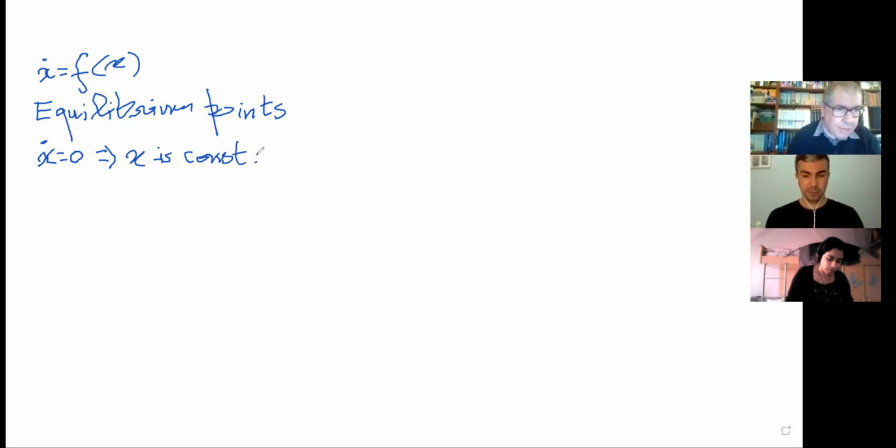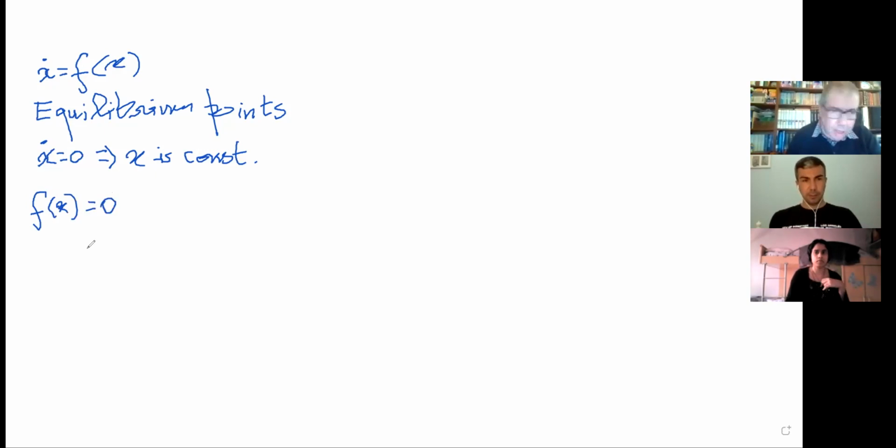Now, if x dot is equal to 0, then I can find an equation on x that gives me the equilibrium point. What is this equation? If x dot is 0, then f of x is 0.